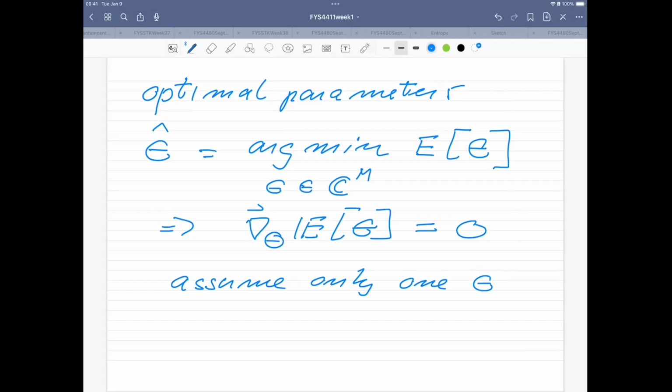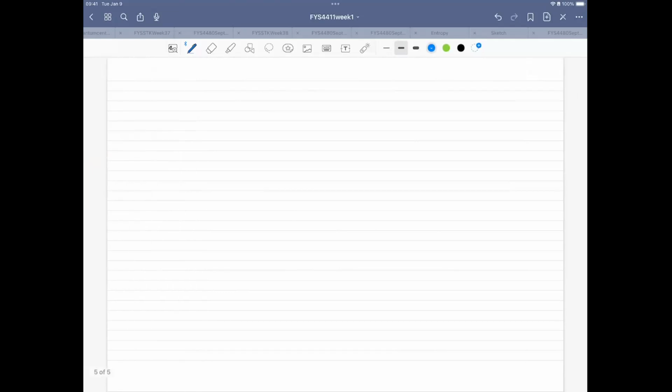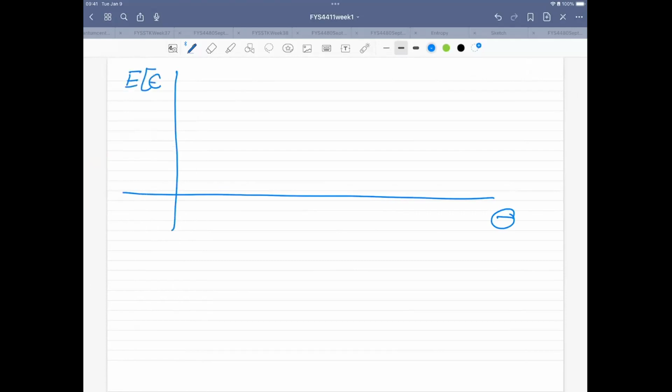So what this means in practice, if we now have only one parameter, is that what we are going to evaluate by Monte Carlo calculations is the following. We are going to have a trial wave function. We are going to calculate the energy for different values of theta. And our energy may look like this. So there will be an ideal point.